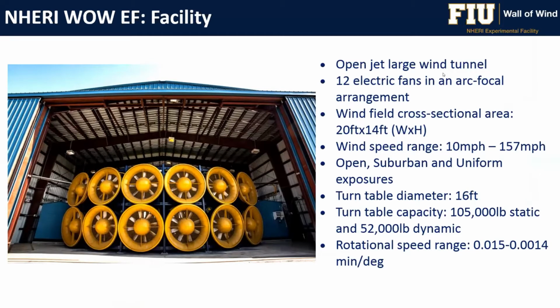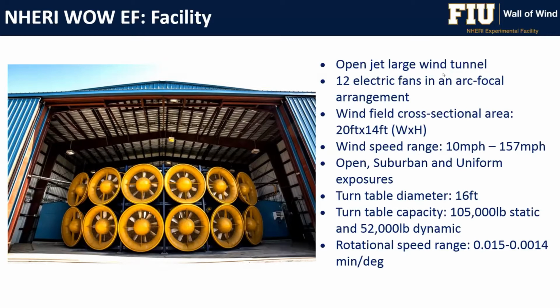You can look at Wall of Wind as an open jet large wind tunnel. The cross-sectional area for testing is about 20 feet by 14 feet. So we can accommodate large models and sometimes full-scale versions of subsystems or components. So we can do both large-scale and full-scale testing.